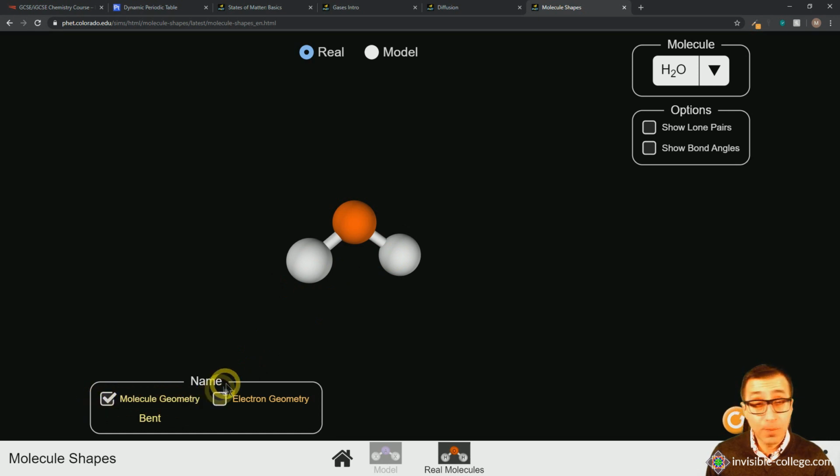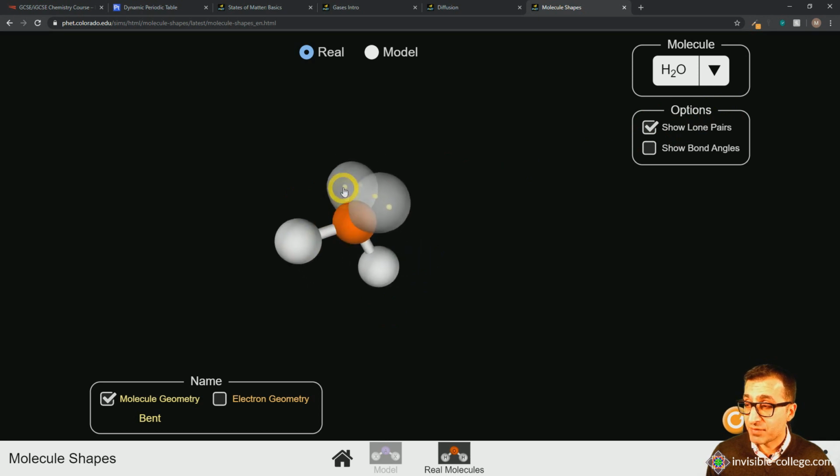So the molecule geometry is referred to as being bent. But if we show these lone pairs, these non-bonding pairs of electrons on the oxygen atom here, we can see that the overall shape of the water molecule is in fact tetrahedral with respect to the positions of these lone pairs.